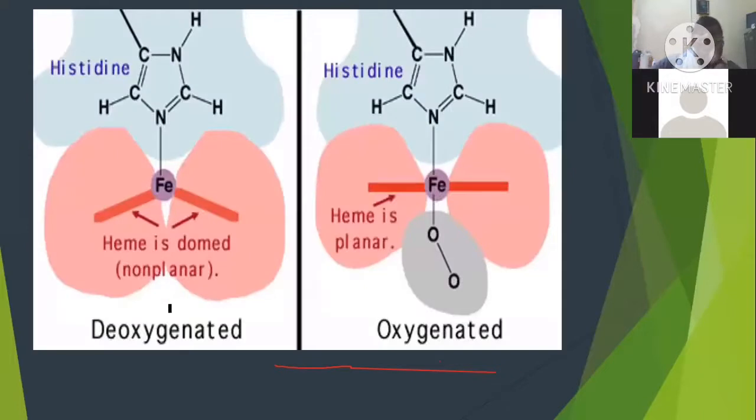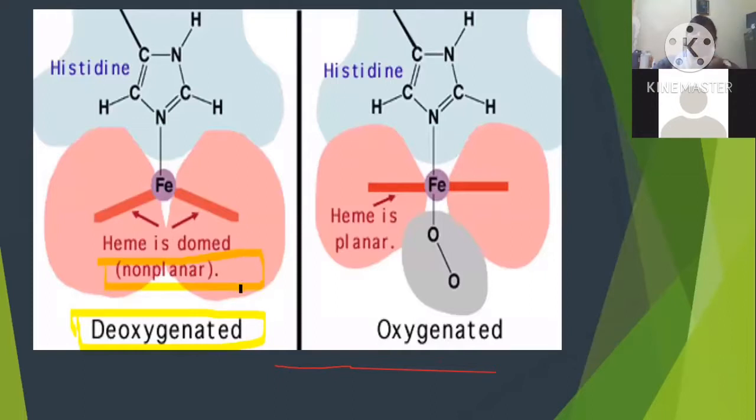Here you can see the deoxygenated state, in other words, the T state or the tense state. Why is it the tense state? Because when the iron is not bound to the oxygen, the heme is a little domed in shape, or in other words, it is non-planar. The heme will be non-planar.